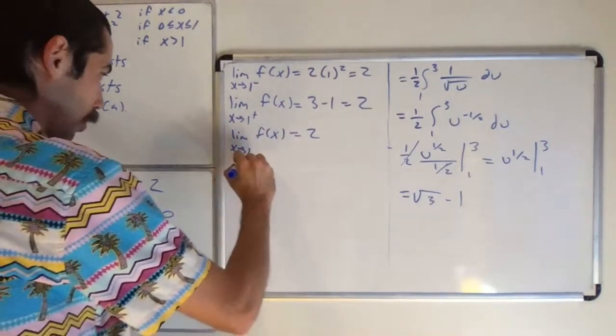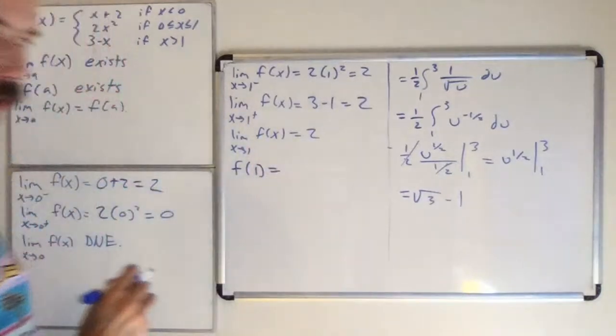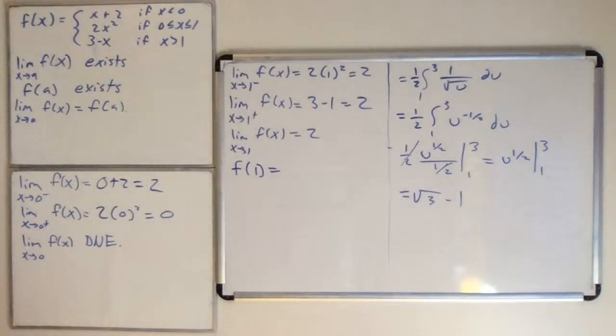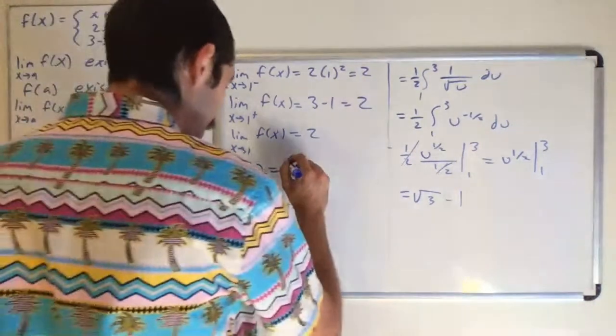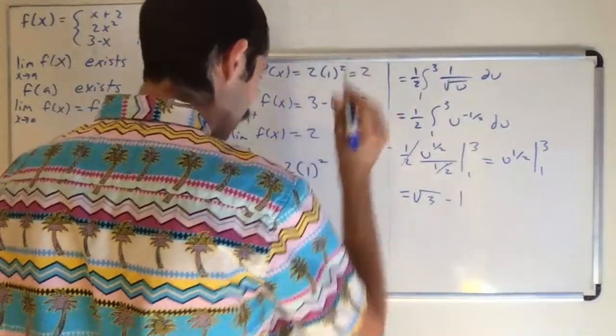All right, the next part is f of 1 equals, well, what does f of 1 equal? Or which function do we use to check f of 1? Which part? Yeah, it's equal to 2, and you also use the second function. Either way, they're right.